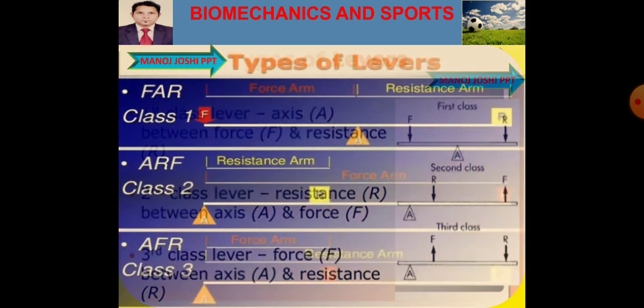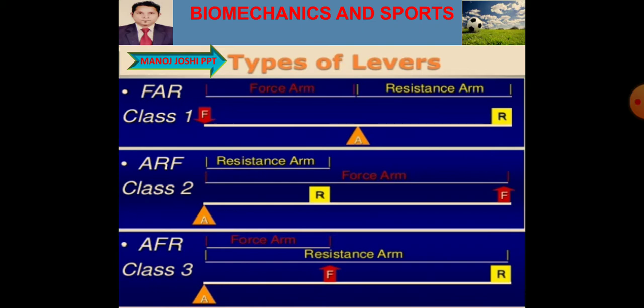Again we can see here class 1, the fulcrum is at the middle, we can see A is written here. At one end of the bar there is the force, and at the other end there is the resistance. Second, the second class lever, where the resistance is in between the fulcrum and force.